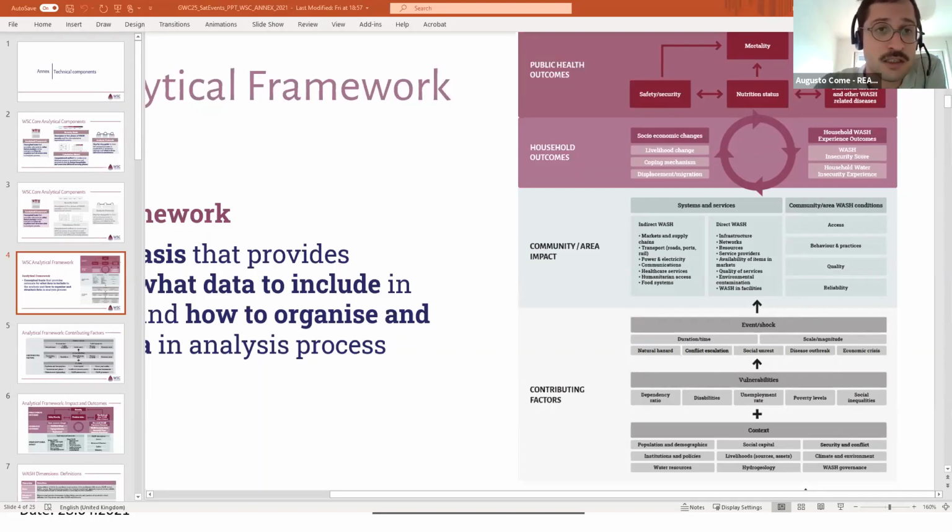So the cluster is the sum of all WASH actors that are present there, including government officials, so relevant line ministries, national and international NGOs that are participating in the response, UN agencies that are participating in the WASH response, and then also donors if they are engaging in coordination platforms, and private sector actors, because sometimes in the cluster you also have private sector actors.